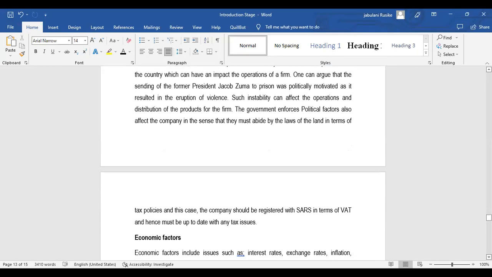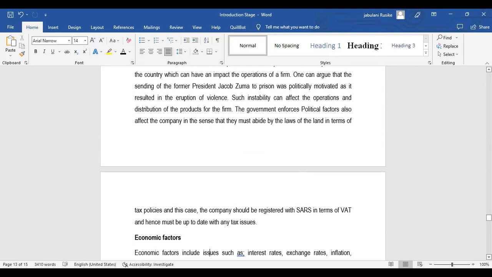Also there are political factors that affect an organization, in the sense that when a government enforces laws, a company must abide by those laws. If it's a tax policy, a company should ensure that it's registered with SARS, in terms of VAT. So these are some of the government actions that affect the operations of an organization.